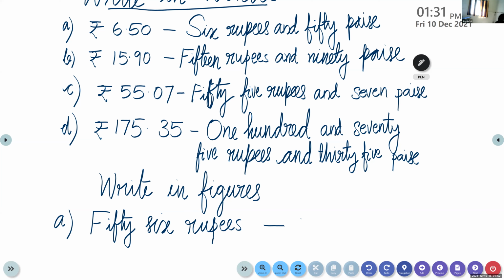First of all, we will put the symbol. Then we write the rupees. How many rupees here? 56 rupees. Now you have to put a dot. Then how many paisa? No paisa here, so you can put a 0, 0.